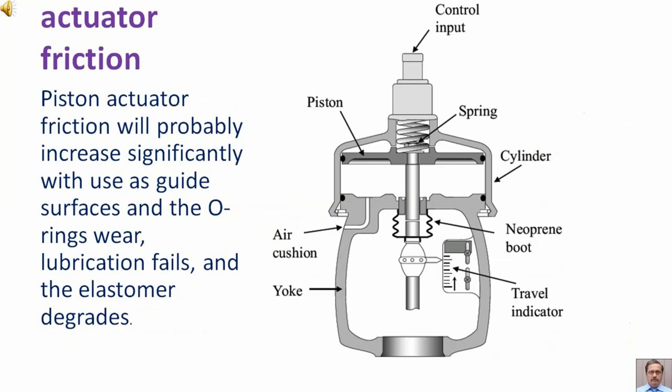Piston actuator friction will probably increase significantly with use as guide surfaces and the O-rings wear, lubrication fails, and the elastomer degrades.